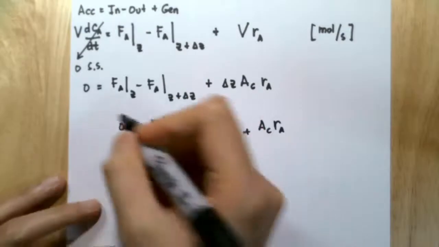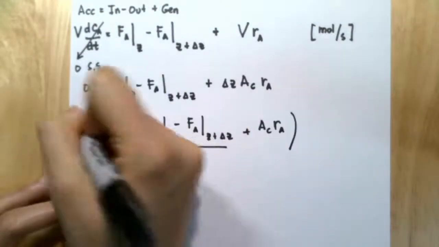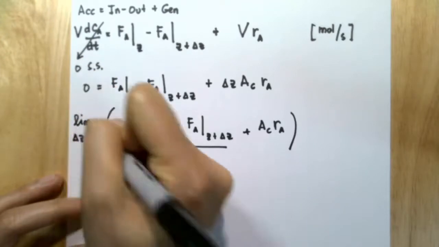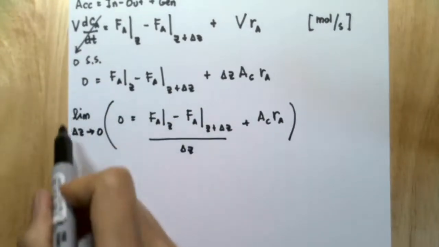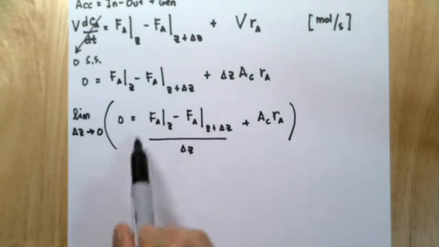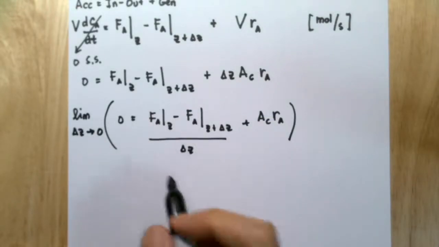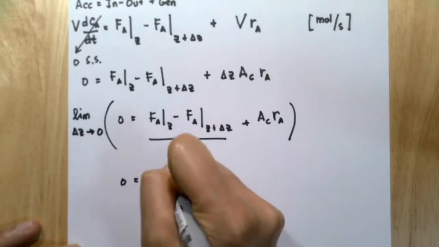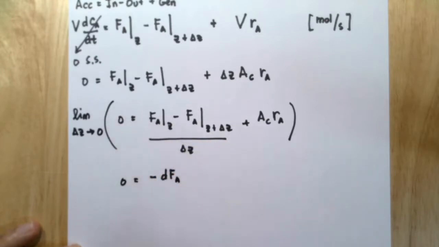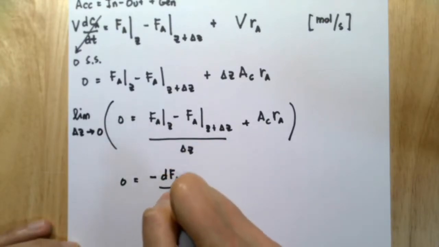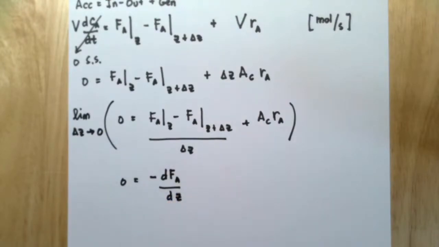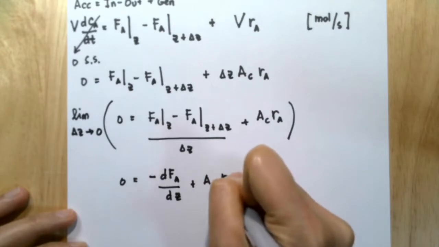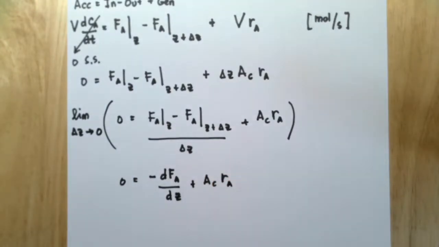And then I can take the limit as delta Z tends to 0. By definition, the limit of this term as delta Z tends to 0 is the negative derivative of FA with respect to Z. And then I write down the rest of my terms here, AC RA.